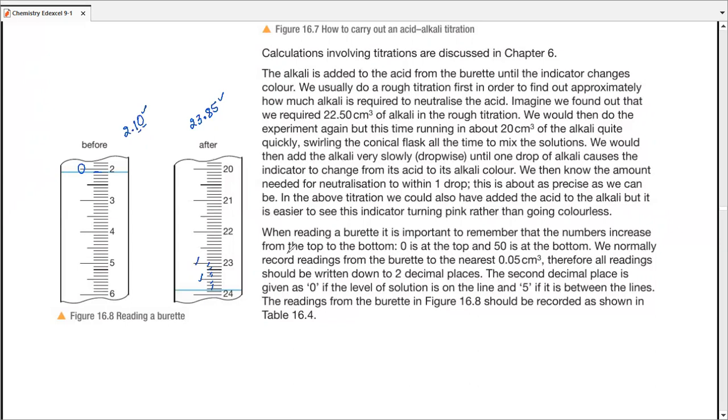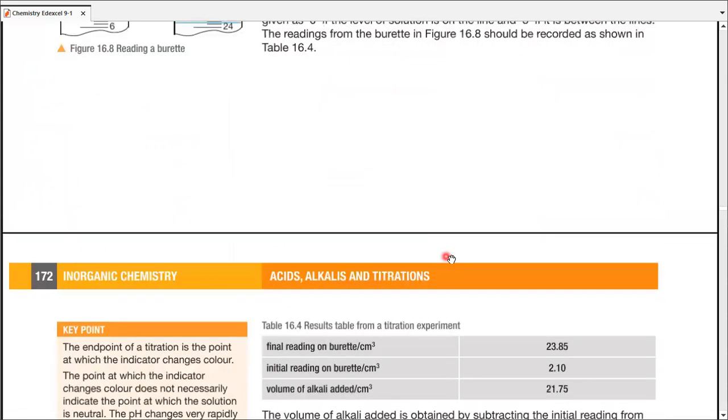You can't really predict a number in between. You can't write 8.7 or 8.8. That's not how it works. So 0 if it's exactly on the line, 5 if it's in between the line, and know the numbers. That's how you go up to the second decimal place. I hope this gives you the idea how that works.